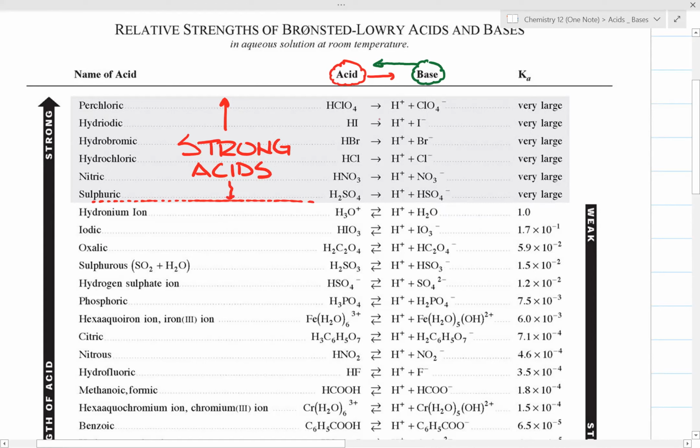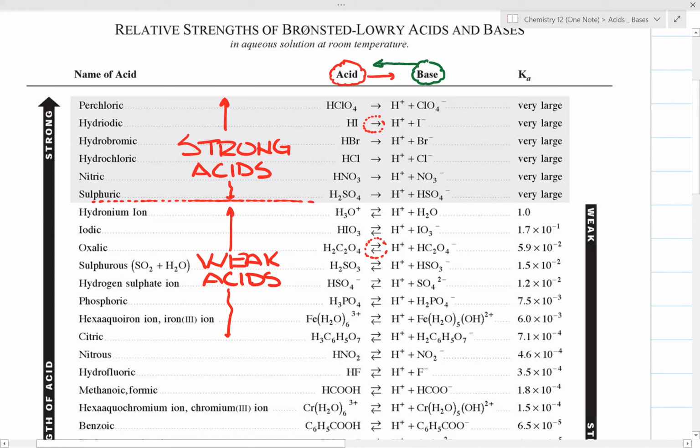The reason being, if you take a look at the arrow, there is complete dissociation. Everything below here and all the way down, these are considered weak acids, because again, these are equilibrium.